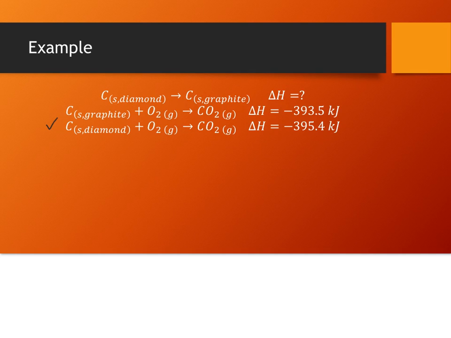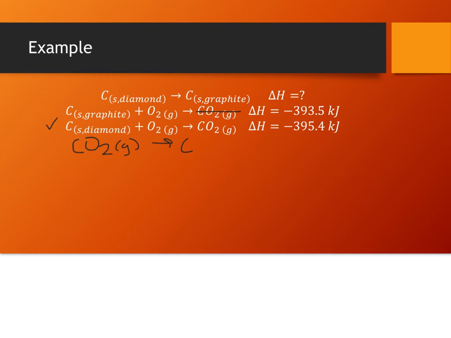So what we're going to do is I'm going to write CO2 over here. Make sure you keep the states. Okay. And I'm going to cross that out. I basically write the products of this reaction as my reactants. I'm basically flipping my reaction.